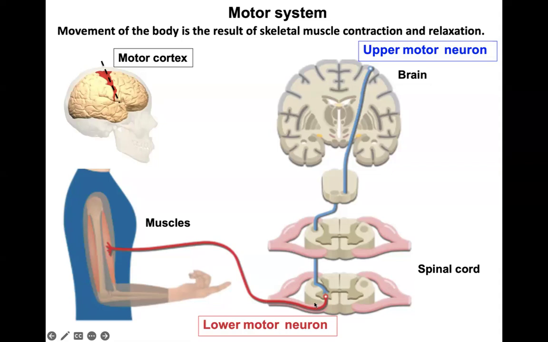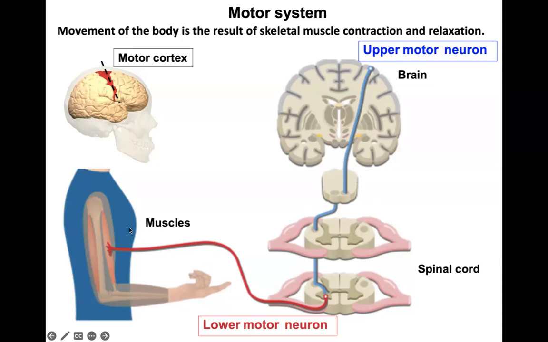This is specifically because it's from the spinal cord to the muscle. We call these lower motor neurons. So any motor neurons that connect directly to the muscle, you can think of as lower motor neurons. So now hopefully you can differentiate between what's upper motor neurons and lower motor neurons.